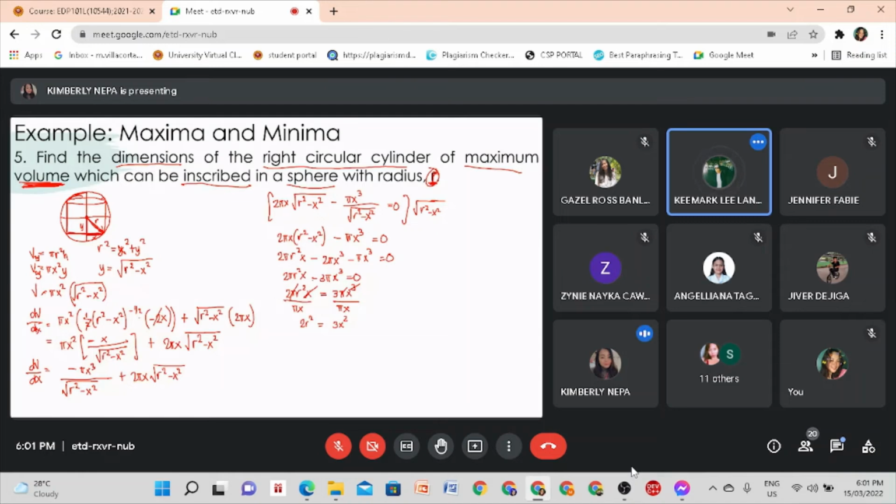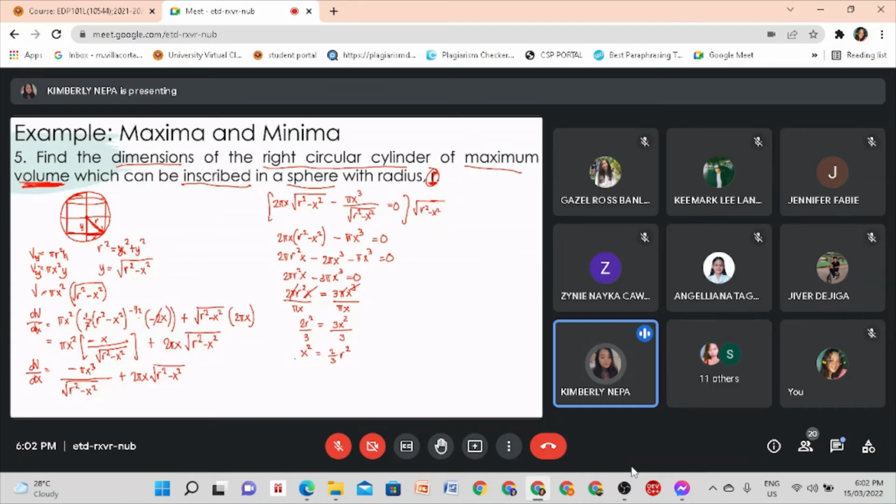Yes. And then our goal is to isolate the x, right? So we have to divide both sides by 3. So our x squared is equivalent to 2/3 r squared.